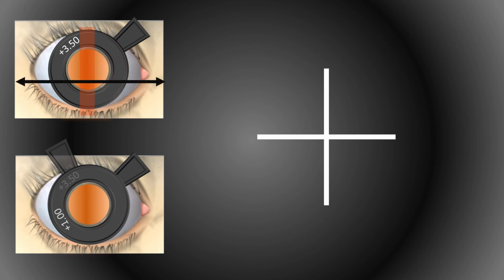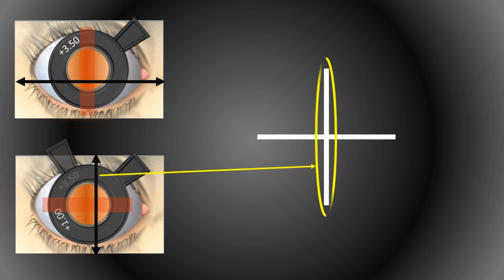Although the streak is vertical, you are moving it horizontally, so the power for this meridian will be written on the horizontal axis of the power cross, meaning the direction in which you are sweeping, not the one in which the streak is oriented. Same when the streak is oriented horizontally and you are moving it up and down, then you are neutralizing the vertical meridian, and the neutral power for this meridian will be on the vertical axis of the power cross.